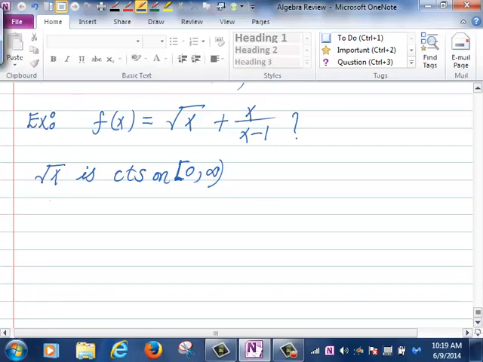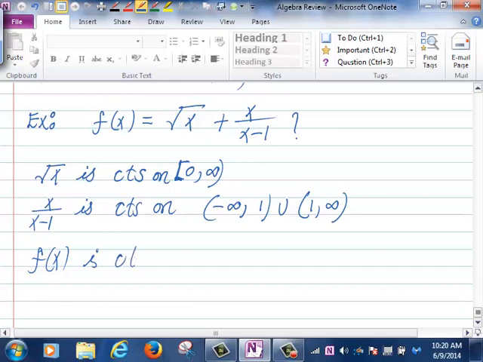How about the ratio x over x minus 1? This is continuous where? The numerator is continuous everywhere, the denominator is continuous everywhere, so the ratio would be continuous everywhere except where the denominator vanishes. So this would be continuous everywhere except at 1. How do I write it? Negative infinity to 1 and 1 to infinity. Is everybody okay? But where is f continuous?